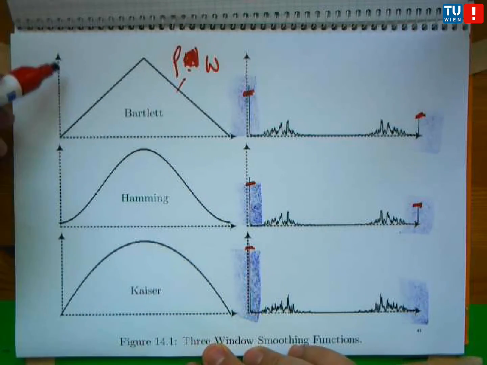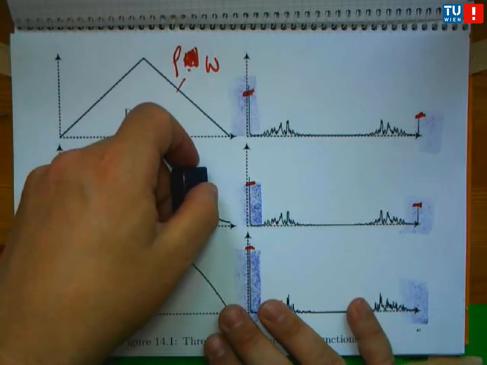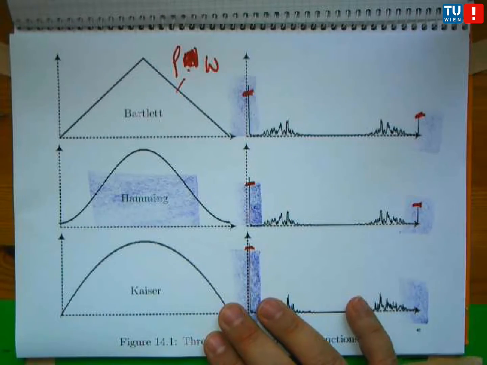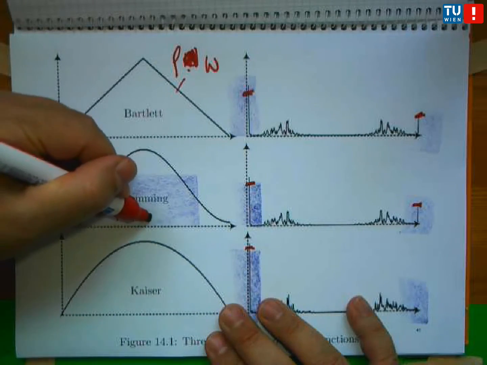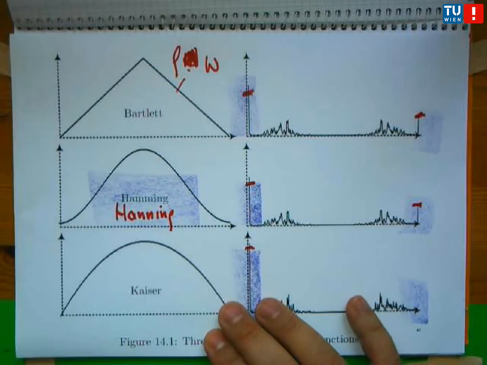Window functions appear in many forms. Here are three famous examples. That is the Hamming window, which looks like a Gaussian. There is one with a very similar name and similar shape, yet completely different, which is the Hanning window.